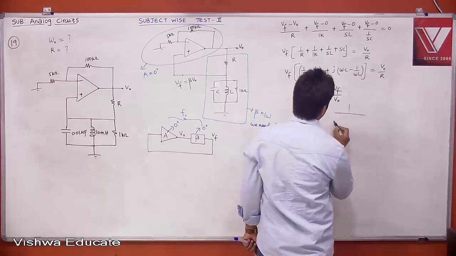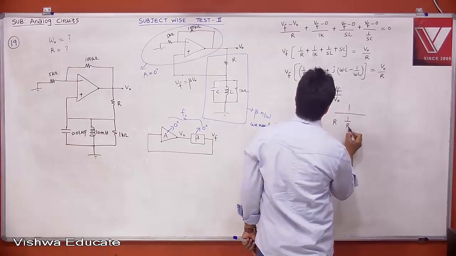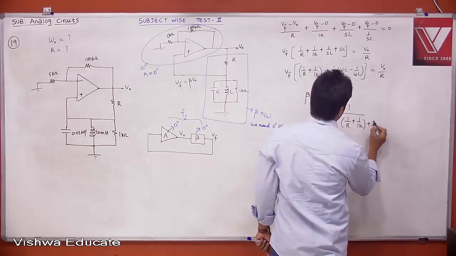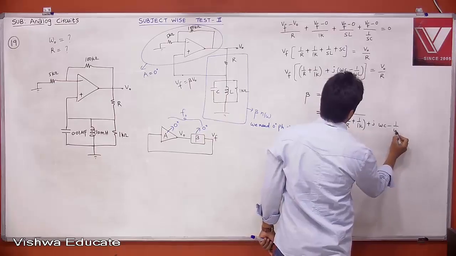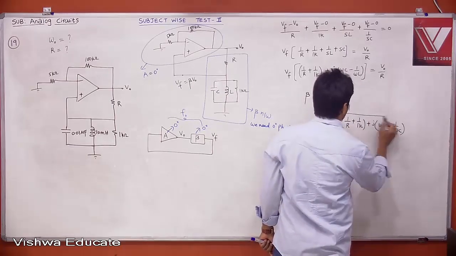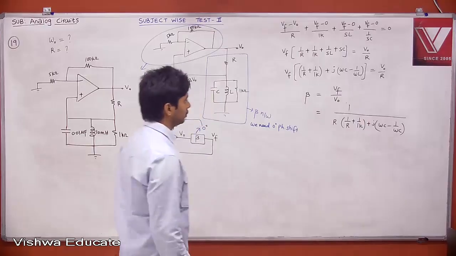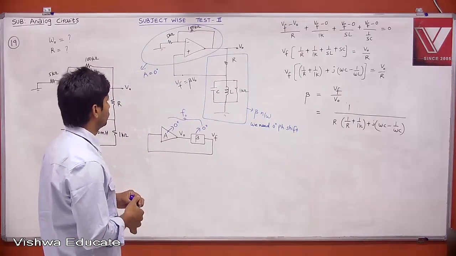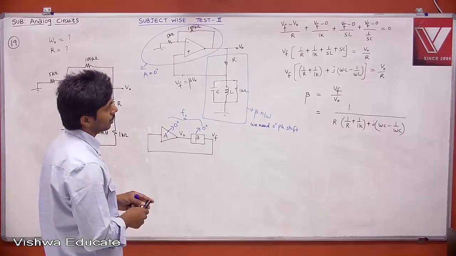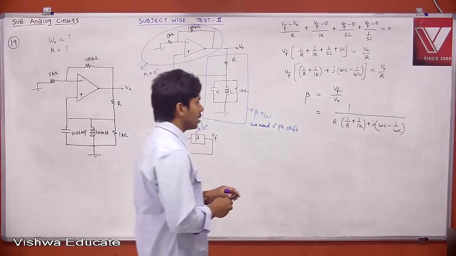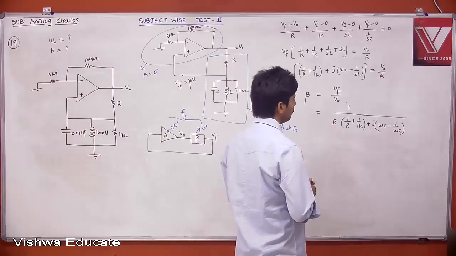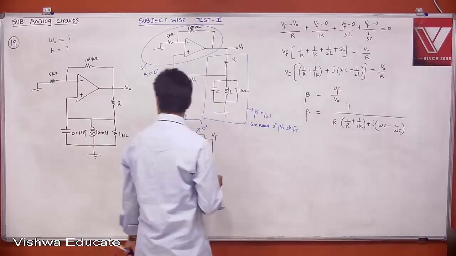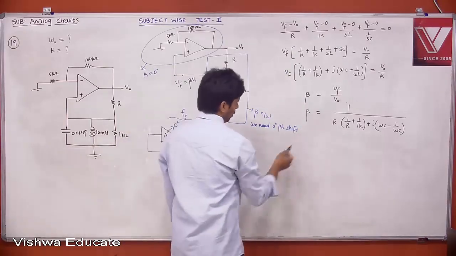Therefore, 1 divided by R into [1 by R plus 1 by 1K plus j into (omega C minus 1 by omega L)]. Right? Now what we want to get is the resonant frequency.